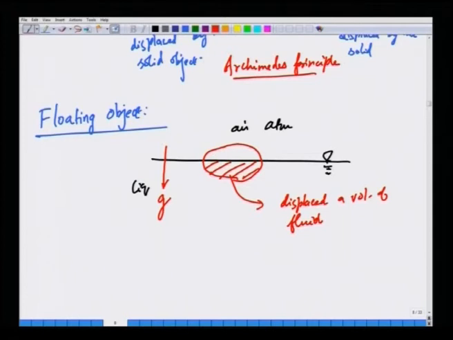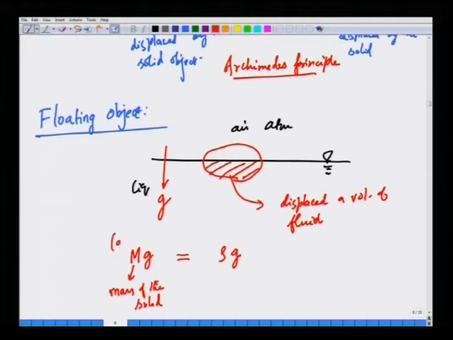Now, this solid object is in stable equilibrium, that is, it is not sinking, it is not moving down. That means the net downward force on the solid object, the mass of the solid object times acceleration due to gravity, must be equal to the buoyancy force acting upward.